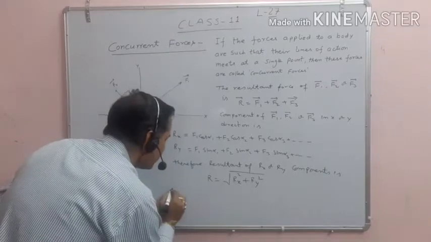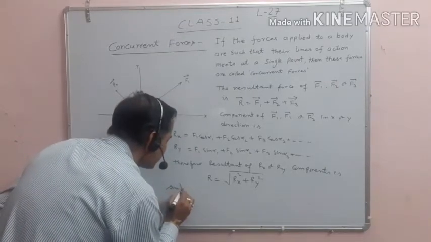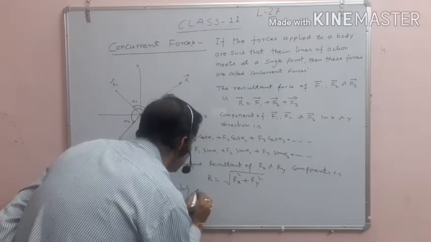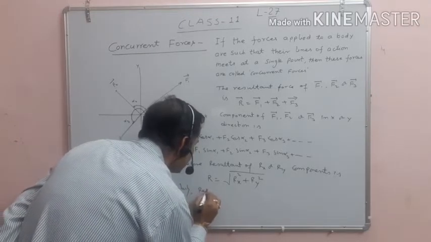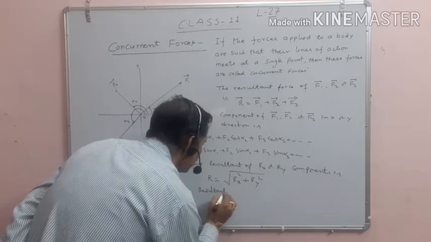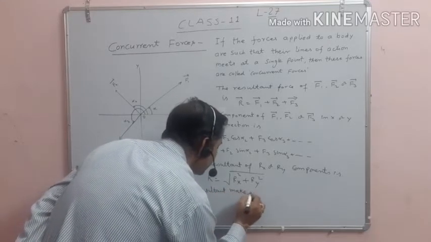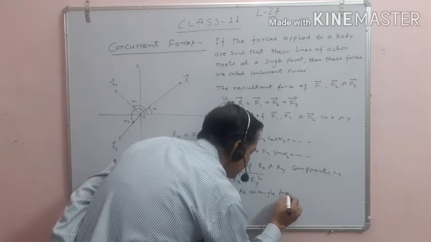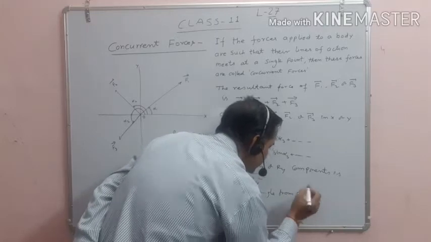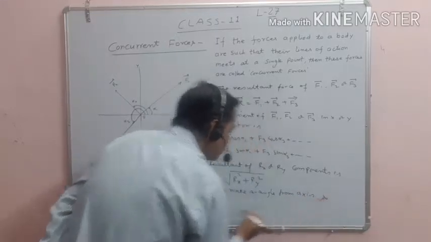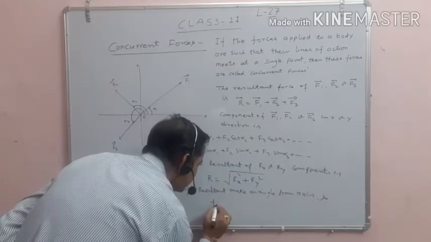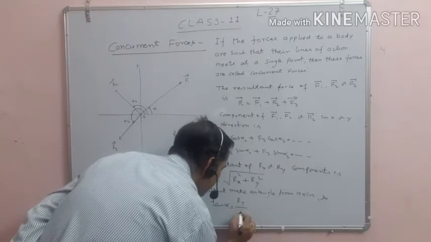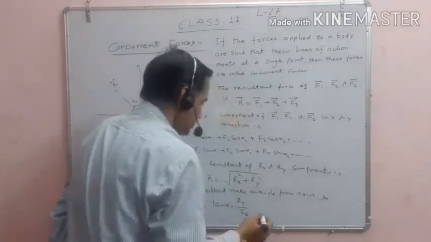Similarly, the resultant makes an angle alpha from X, so tan alpha is equal to Ry upon Rx.